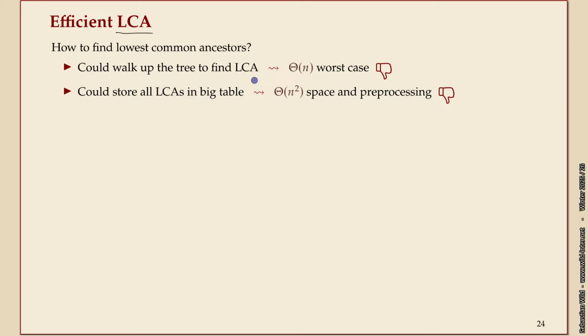That's a way to find the lowest common ancestor for sure. You have to think about it a bit cleverly so that you don't miss each other, but that's clearly doable. You can use the string depth, but it might take linear time because you might have to walk all the way up to the root. So that's not going to get us constant time queries for sure.